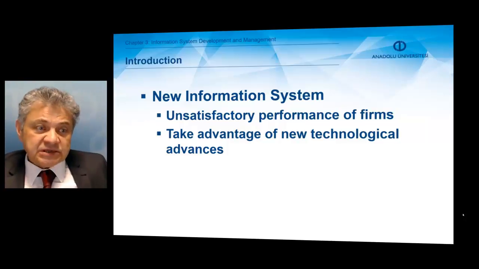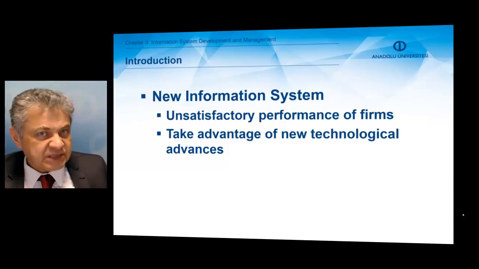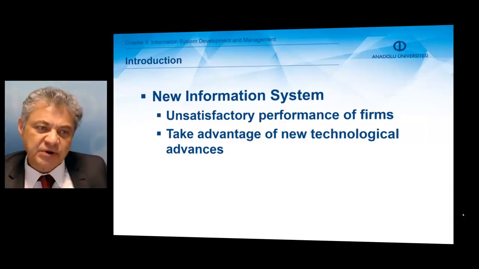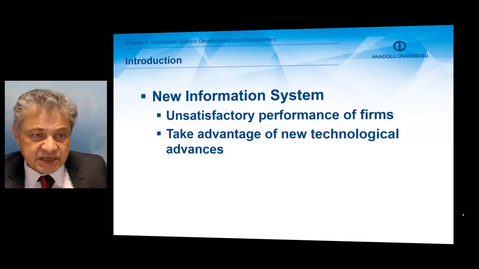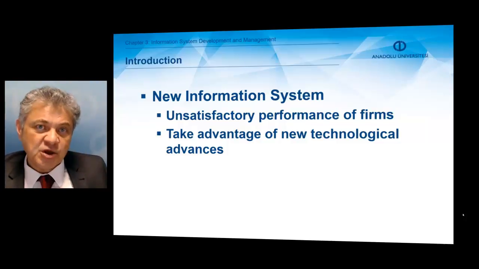There may be many reasons for companies to initiate a new information system. One of them is to improve the performance problems associated with poor or ineffective business operations in the company. Sometimes companies seek a new information system to take advantage of new enabling technologies.